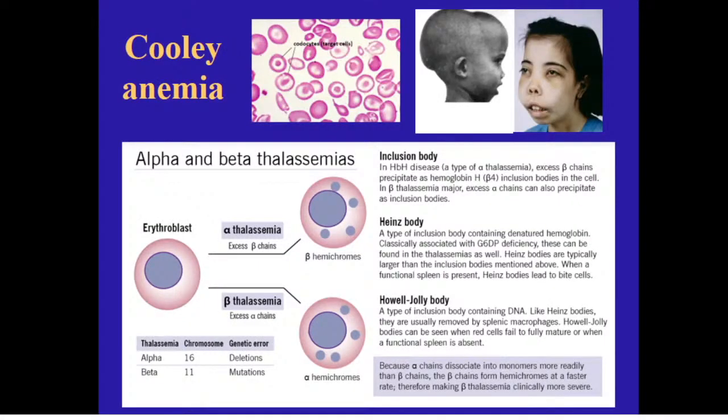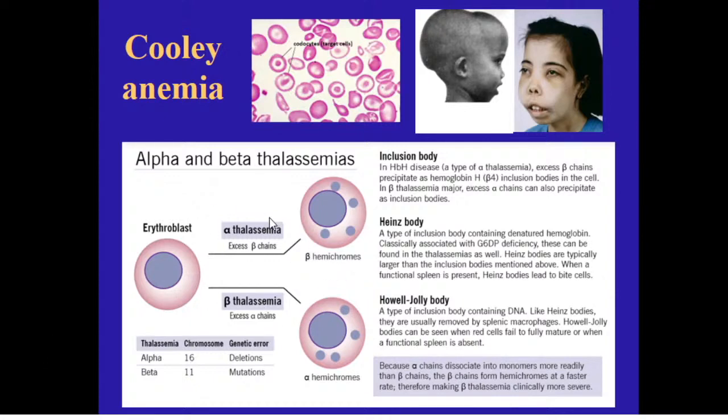Another situation, another type of pathological hemoglobin we can see in thalassemias. In thalassemias, the changes are stronger. There is a disorder of synthesis of one of the types of chains in hemoglobin: in beta thalassemia, we have an excess of alpha chains.